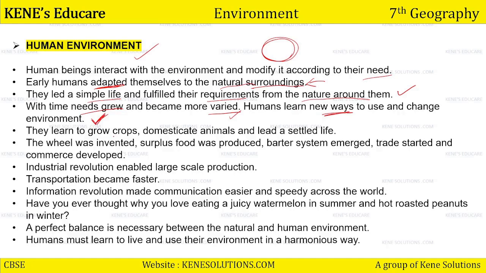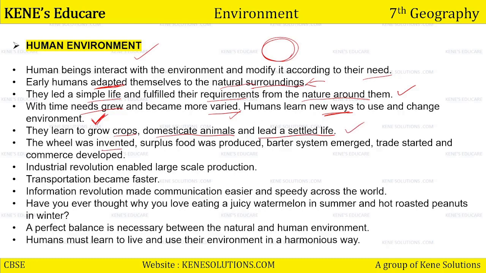They learned how to grow crops. They learned how to domesticate the animals and then led a very settled life. We read this in class 6th history also, that how early human transformed themselves to a developed human being by practicing agriculture, learning how to grow crops, learning how to domesticate the animals, and then leading a very settled life.